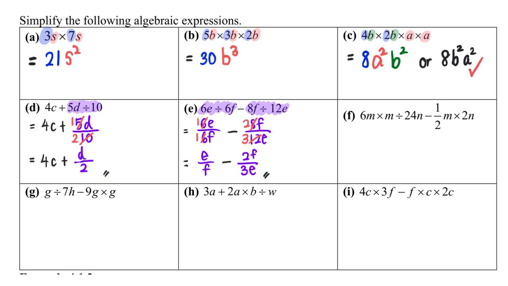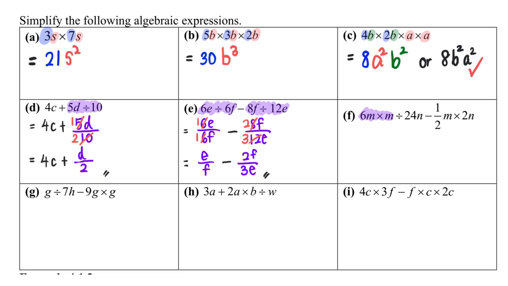Let's move on to F, where we have multiply, divide, minus, and multiply again. Which one should we do first? Yes, we should do the multiply first. Okay. If it is from left to right. Alright.